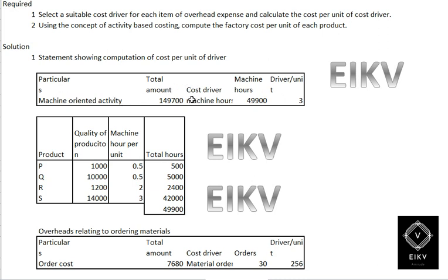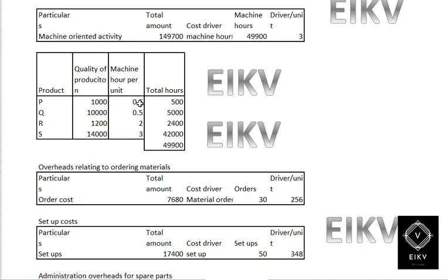The cost of the machine oriented activity is 1,49,700 and the total machine hour will be 49,900. Therefore when we divide 1,49,700 by 49,900, we will get the per unit cost driver cost of rupees 3 per hour.